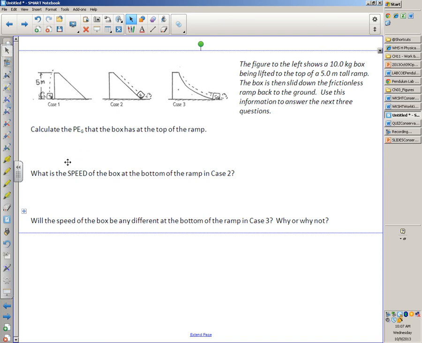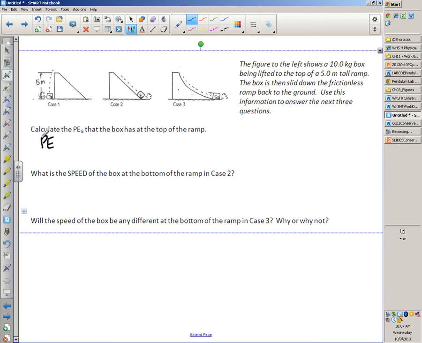Calculate the PEG that the box has at the top of the ramp. Last week, we talked about calculating the amount of potential gravitational energy something has. And the amount of potential gravitational energy something has depends on 3 things. Right? What does it depend on? Pretty good. Mass, height, and gravitational pull, or acceleration, to be specific, right?